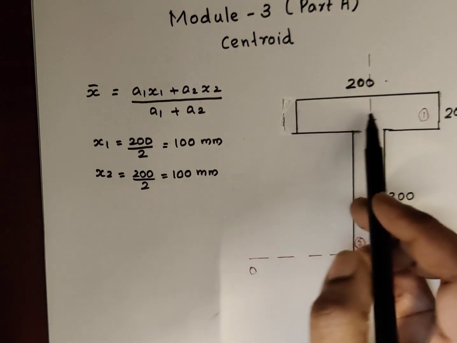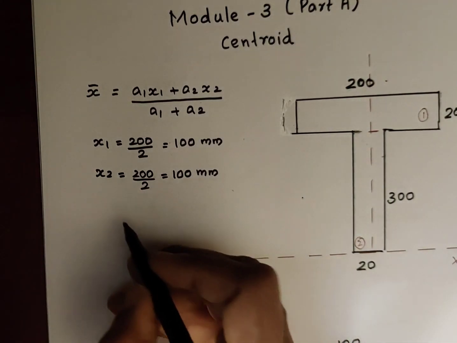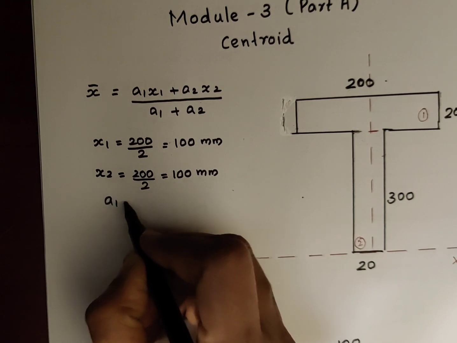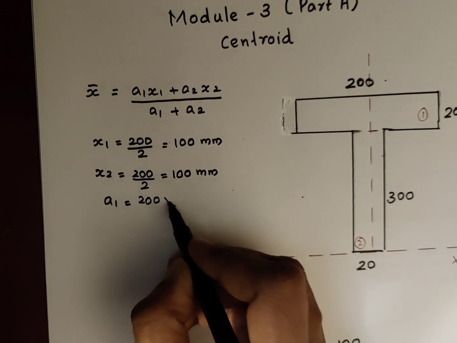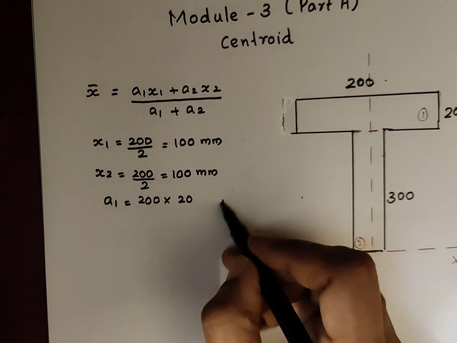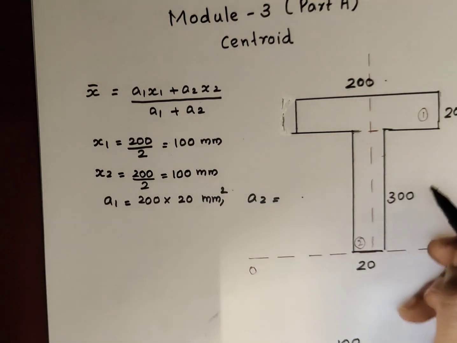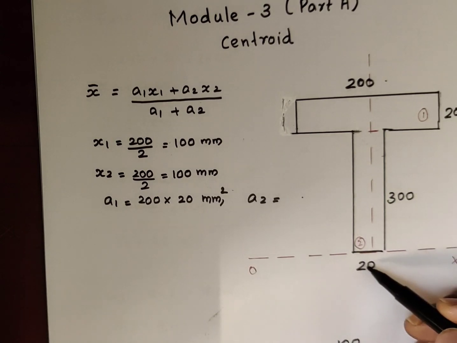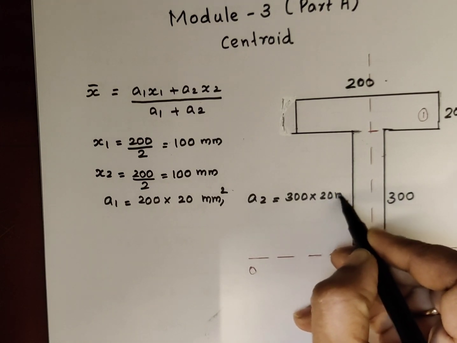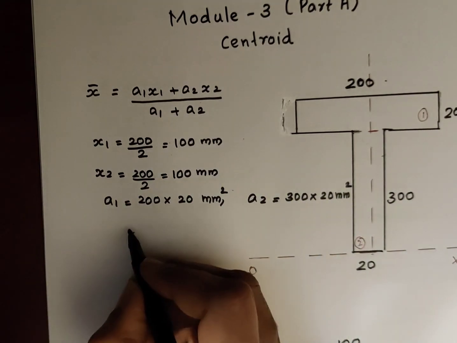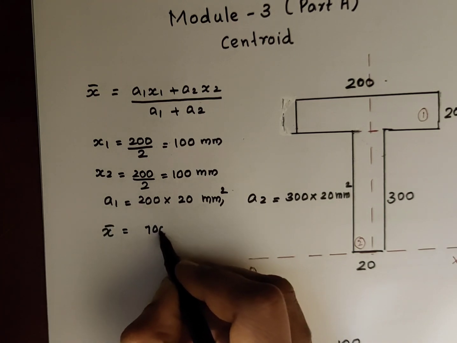So here x1 is 100, x2 is also 100. So now the area of the first rectangle is 200 into 20, and area of the second rectangle, this length is 300 and this width is 20, 300 into 20. So on substituting these values, you will get x coordinate is equal to 100 mm.